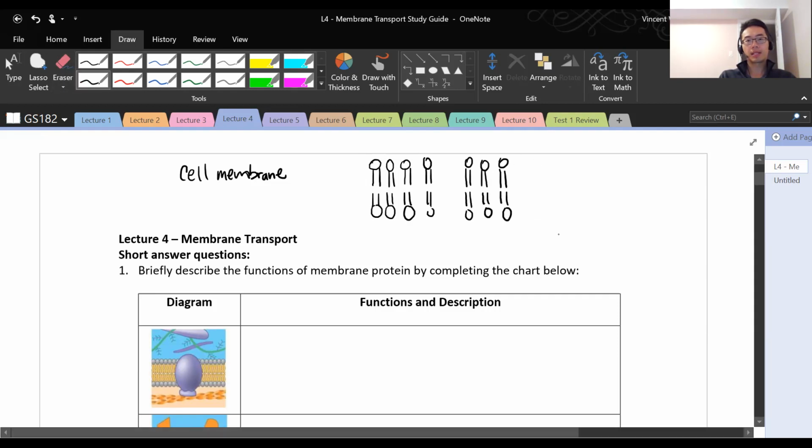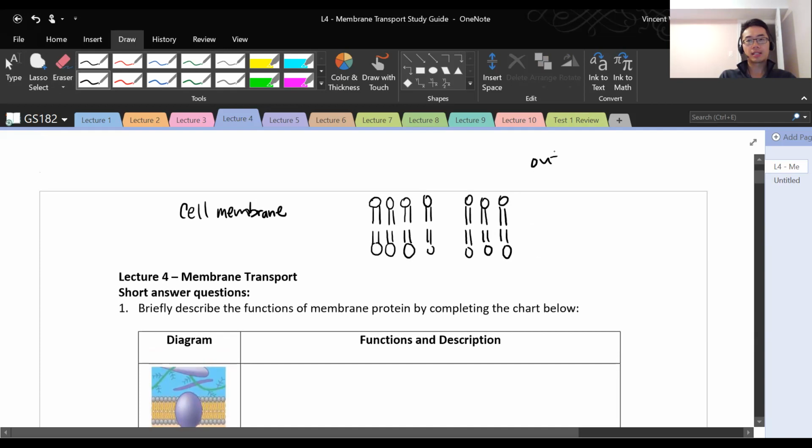Okay, and this would be like the outside of the cell, which is what we call the extracellular fluid. Okay, and then this would be the inside, which would be the cytoplasm.